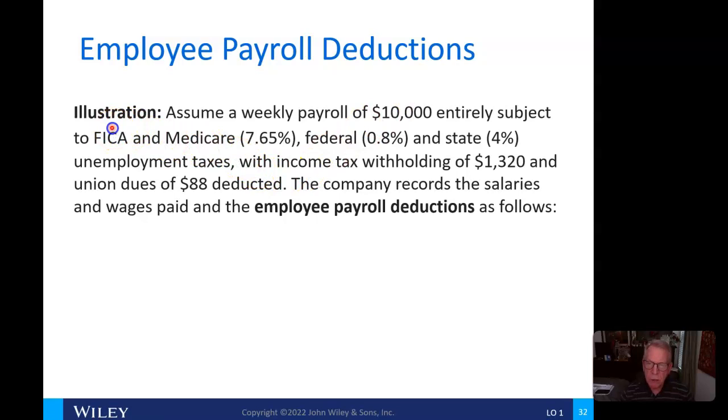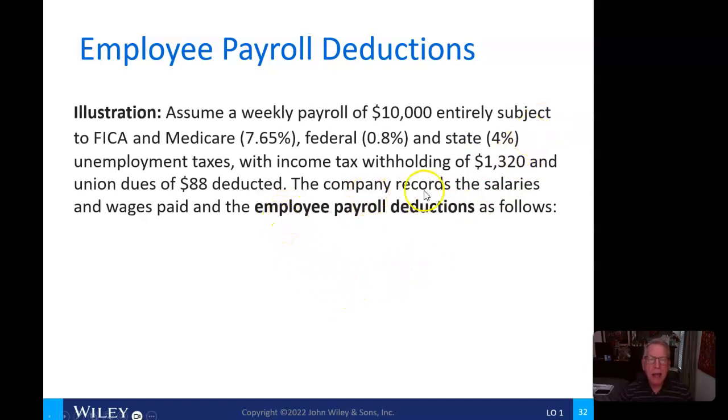I call that FICA Social Security and FICA Medicare. Federal unemployment is going to be 0.8%, and state unemployment is going to be 4%. If you're doing very well in the state of California, that's a very good rate.